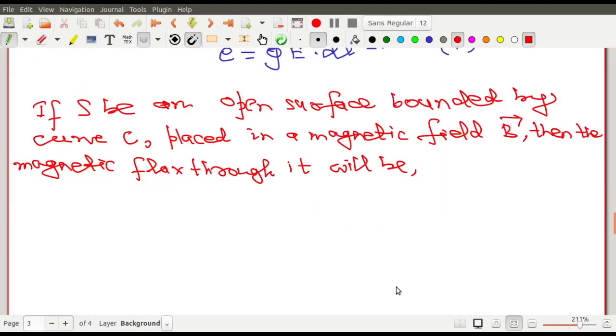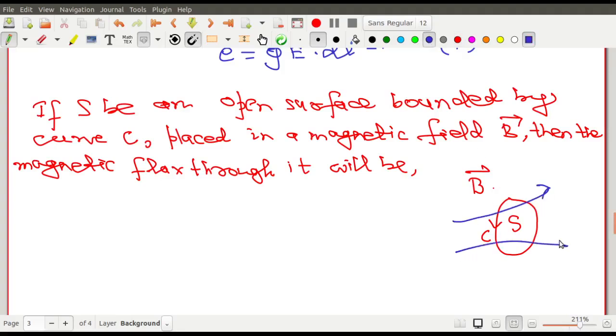If capital S be an open surface bounded by curve C placed in a magnetic field B vector, that means you consider a surface like this S, এটা হচ্ছে একটা surface S, bounded by curve C, and this is the curve C, and this is placed in a magnetic field B. Then what is the flux through this surface? এই surface দিয়ে কত flux যাচ্ছে?